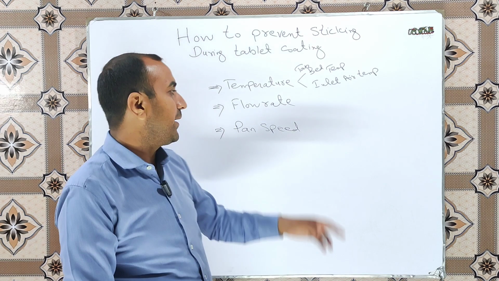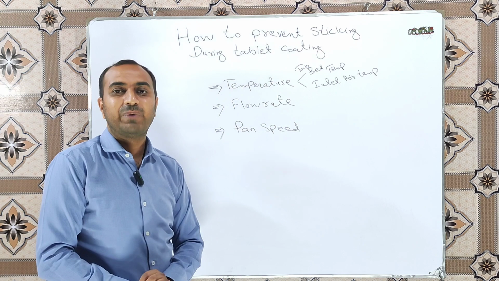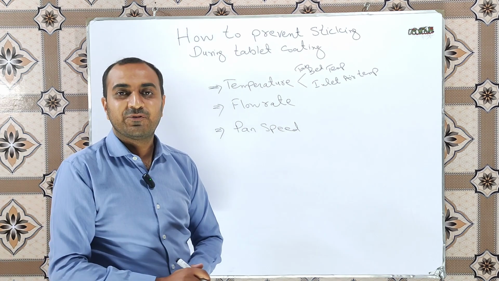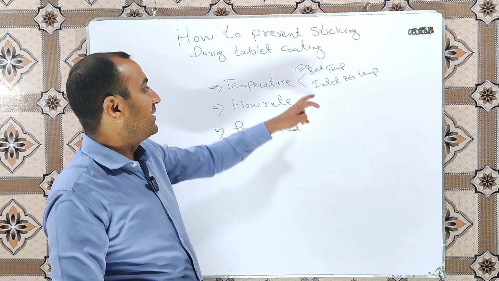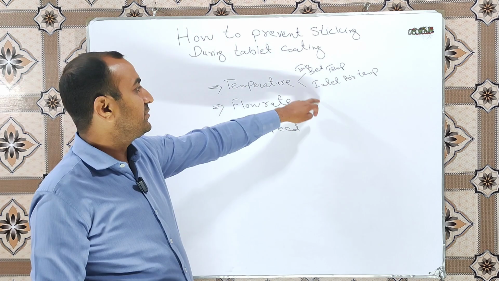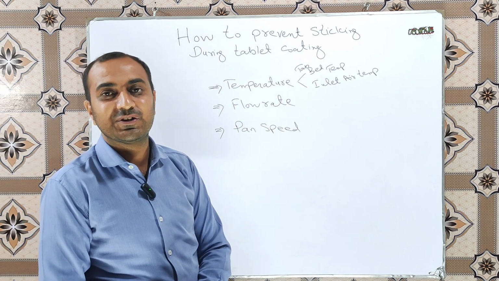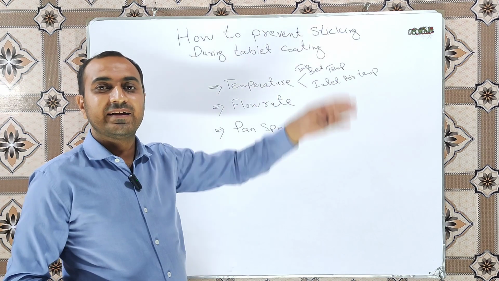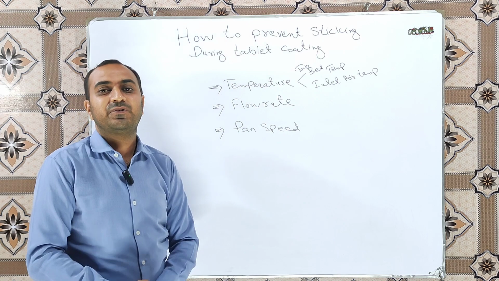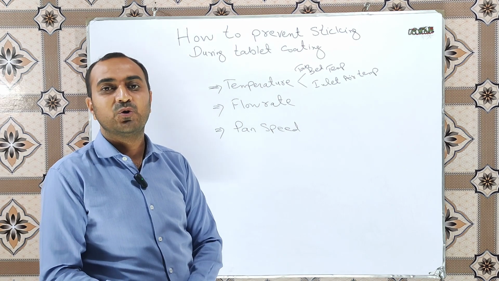Temperature may be of 2 types. One is the tablet bed temperature, meaning the temperature of the surface of the tablets, and the second one is the inlet air temperature. These two have a direct relation, meaning if our inlet air has less temperature, our tablet surface temperature will also be low.